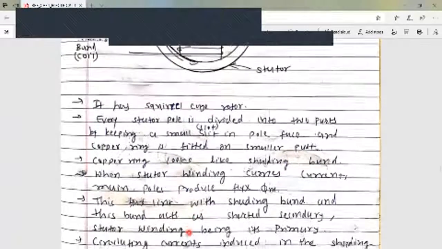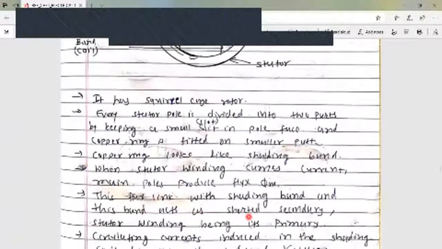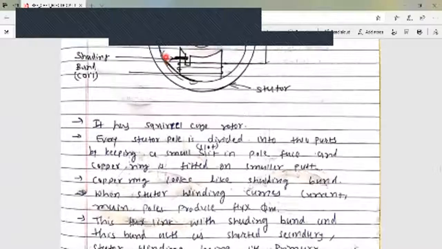So flux links in the shading band, and this band acts as a short-circuited secondary, stator winding being its primary. So here, stator winding behaves as primary winding, and this coil or shading band acts as a secondary winding.